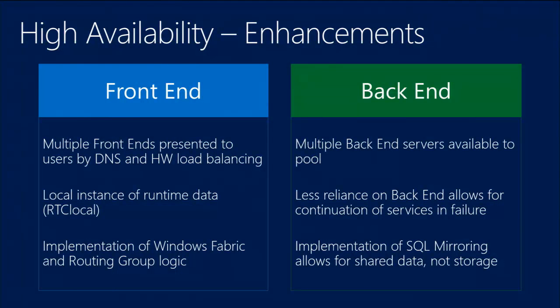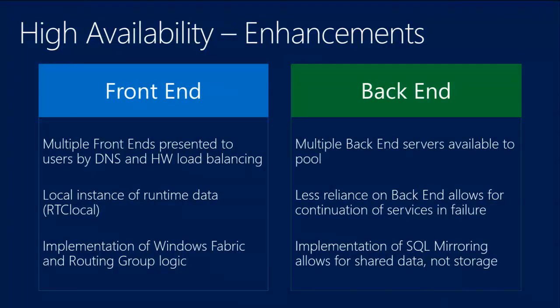On the back end, we still have the notion, as in Lync 2010, that you could have more than one back-end server, right? We didn't support simply a single server. In Lync 2010, you could have two, clustered SQL with a shared storage in the back end. And that would be your resiliency for a back-end failure. So if one SQL node kind of went in the corner for a timeout, you could get to the other one.